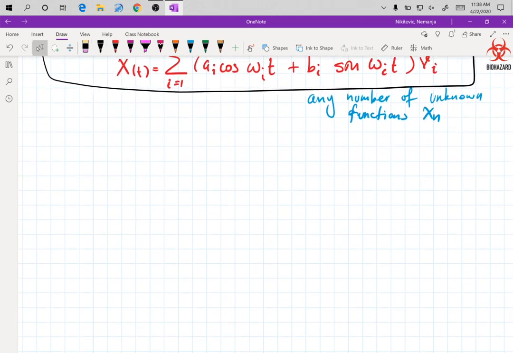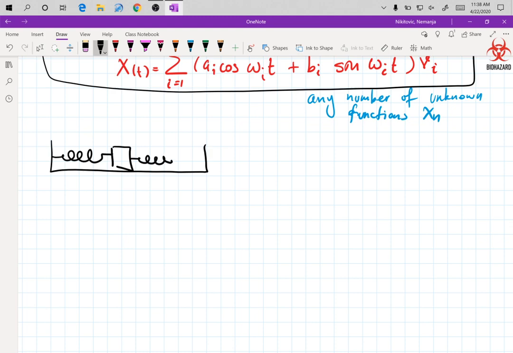So let's take a look at the simplest possible case you can have, which is when you just have two masses and two springs. You can make it a little bit more interesting by adding a spring on the other side. So now we have a spring going into mass 1 and another spring going into mass 2, and it's not attached to anything on the right.